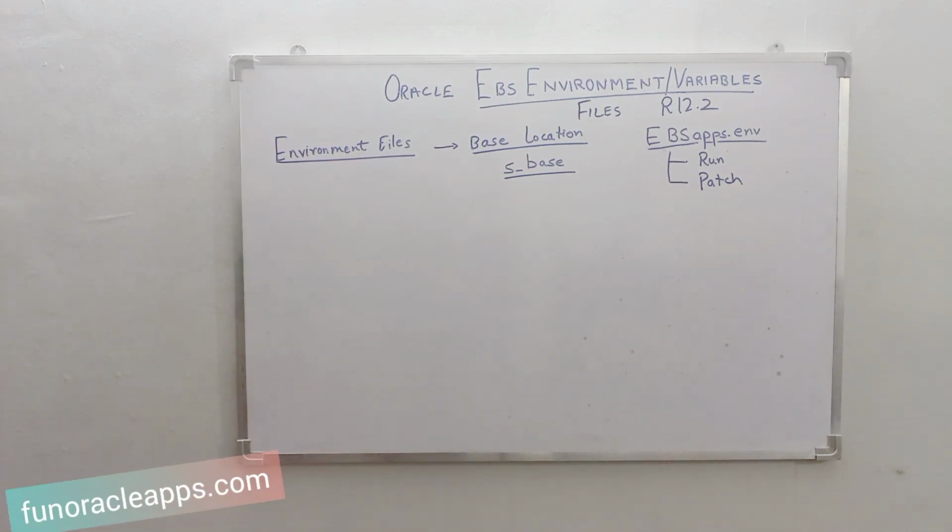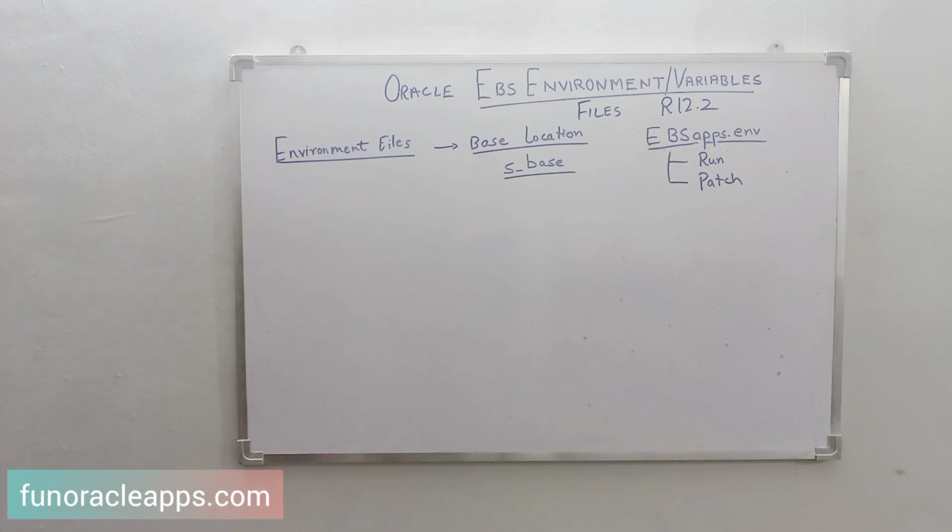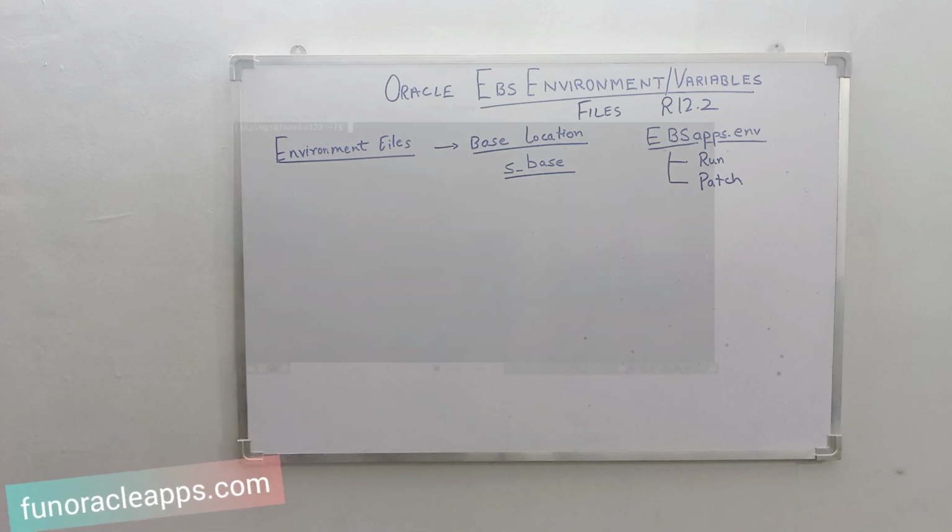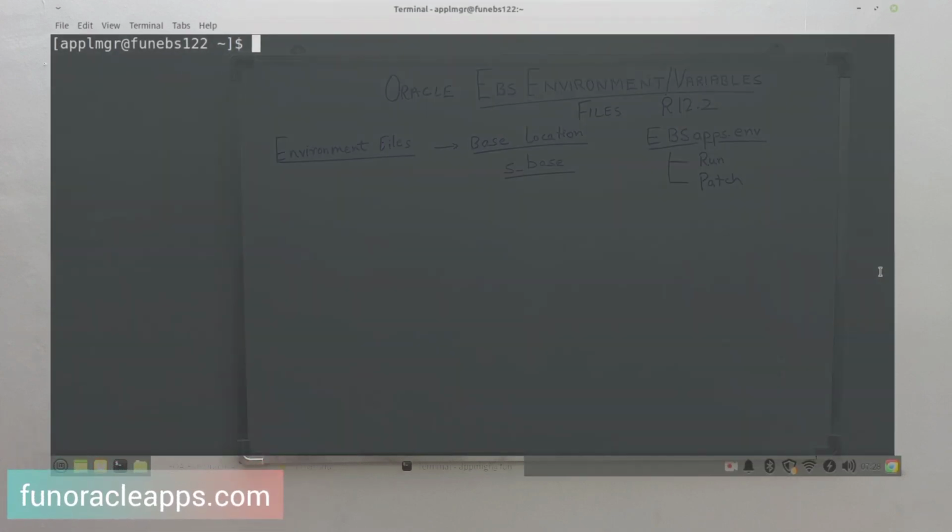Let's say I go ahead and see it in my system. If you see on the screen, I have a few different mounts. Let's see what the different mounts are that I am using.